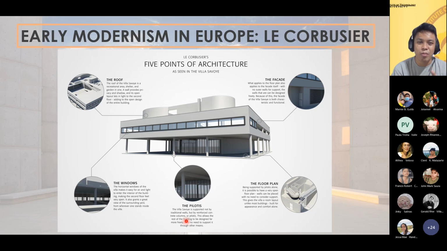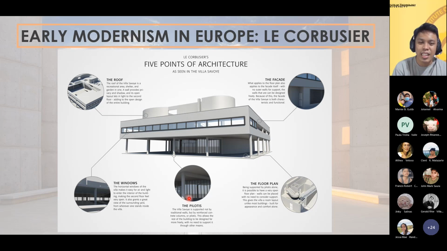When you design architecture, you have to be within these 5 points. You have a flat roof, a free facade, and an open floor plan, meaning no distinguished areas for specific purposes. So it's an open plan.